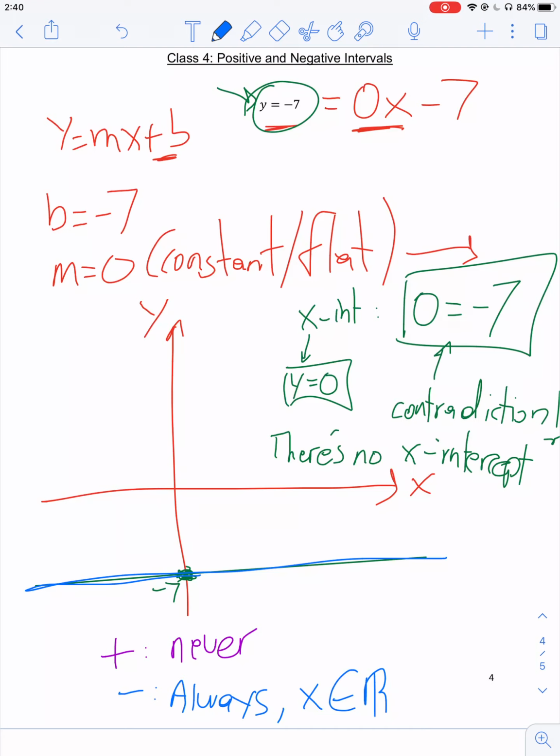If x is 1, my function will be negative. If x is 2, my function will still be negative. If x is pi, which is slightly greater than 3 but less than 4, my function is negative. So that's why we have all real numbers, but you could say always if you wanted to.